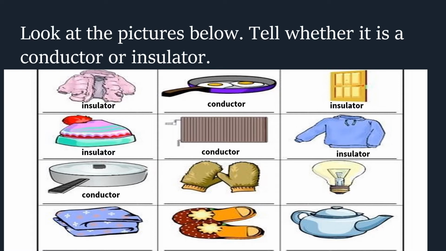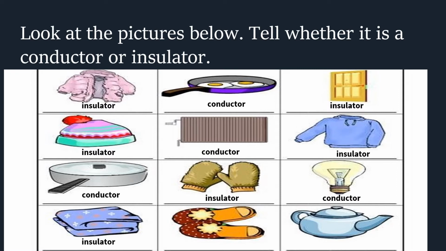Next, gloves. Very good. It is an insulator. We have bulb. Good job. It is a conductor. Next, cloth. Very good.